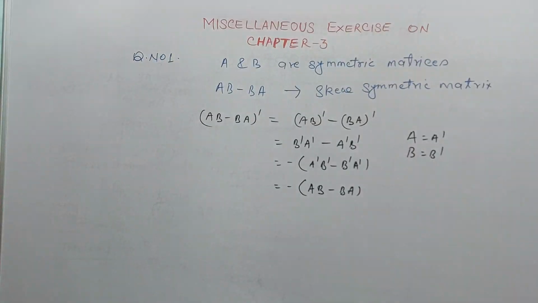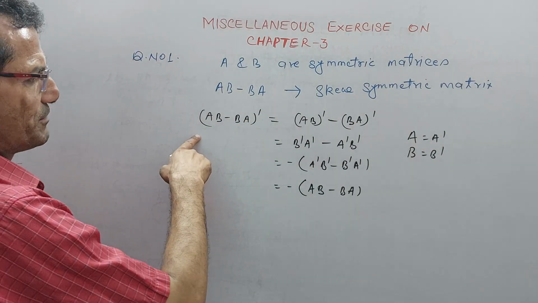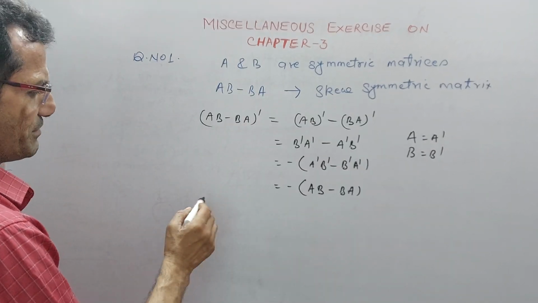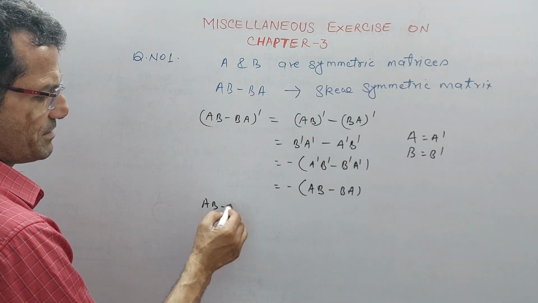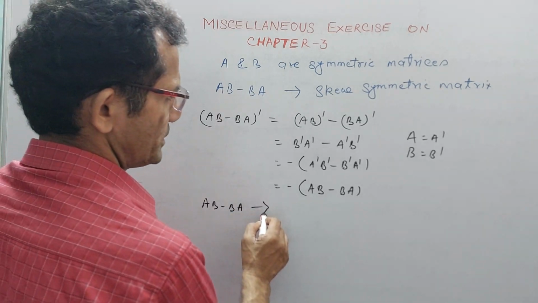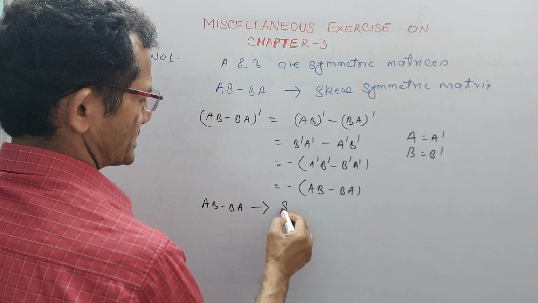We have found the transpose of AB minus BA is just the negative of this one. It proved that AB minus BA will be our skew symmetric matrix.